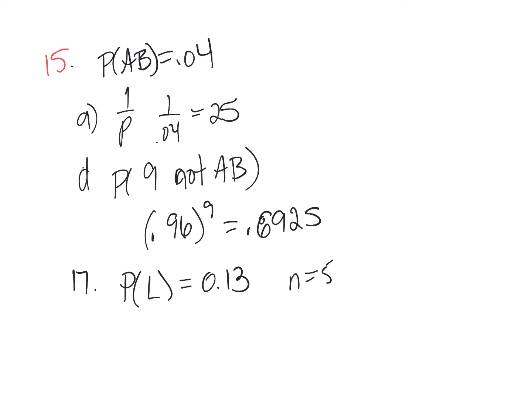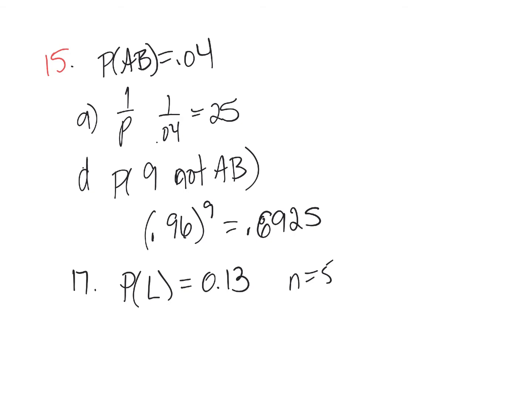Is that geometric or binomial? The word first should clue you in that it is geometric. It told me we're picking 5, but it's still talking about it being ordered. The first person that is lefty is the 5th person we contact.